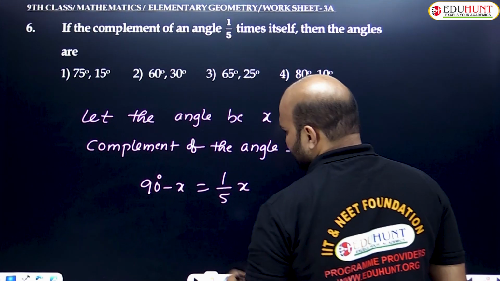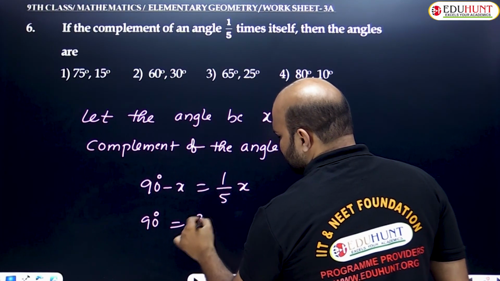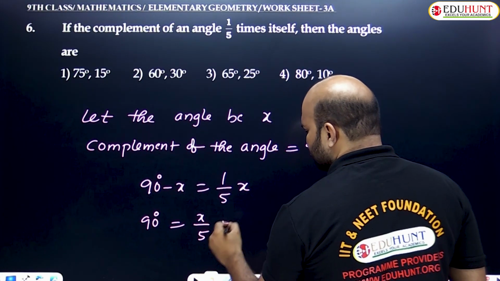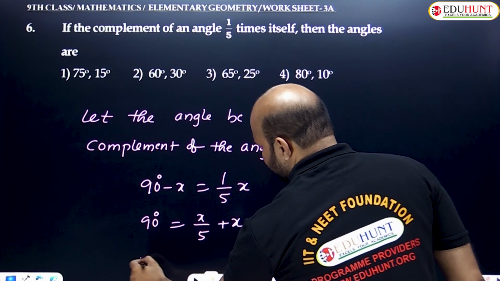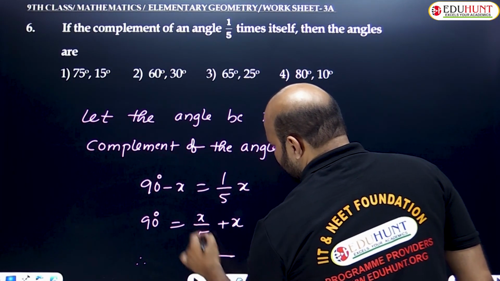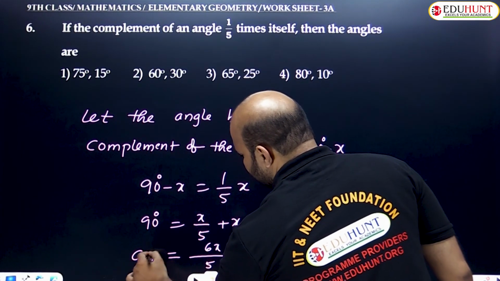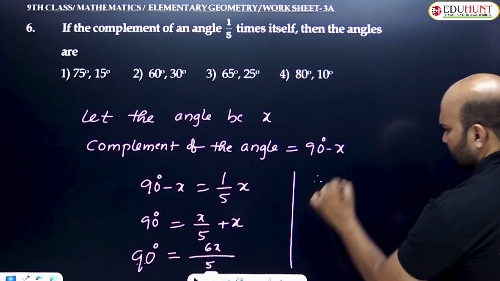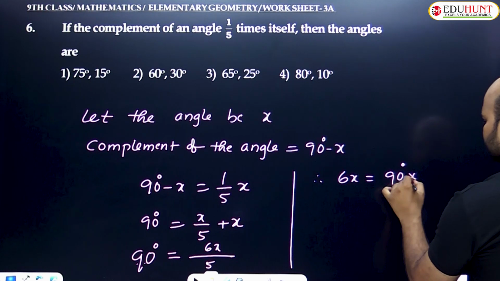So it can be written as 90 degrees equals x by 5 plus x, since minus x goes to the right side and becomes plus x. So the LCM is 5: x plus 5x, 6x equals 90 degrees. According to cross multiplication, 6x equals 90 degrees into 5.